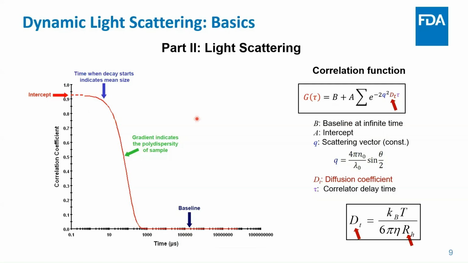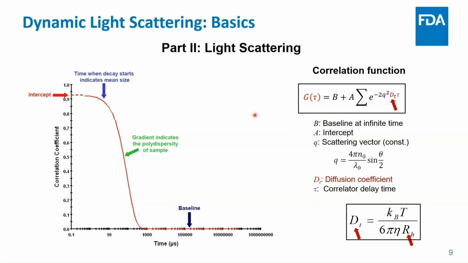And what you can see here is that you can fit this function to a number of parameters. Inside of this key parameter up here in the upper right is the diffusion coefficient of the analyte, so what's actually causing the laser intensity to fluctuate over time. And again, we can use that to go from diffusion coefficient to size.